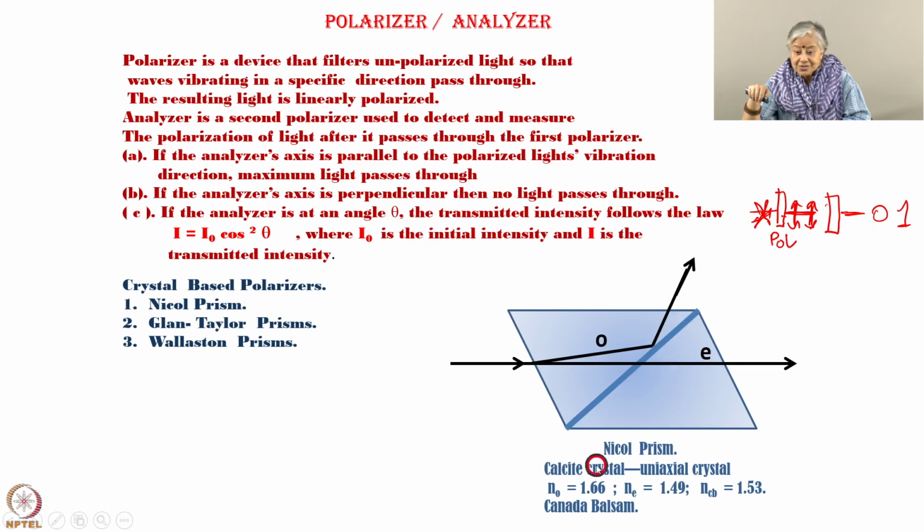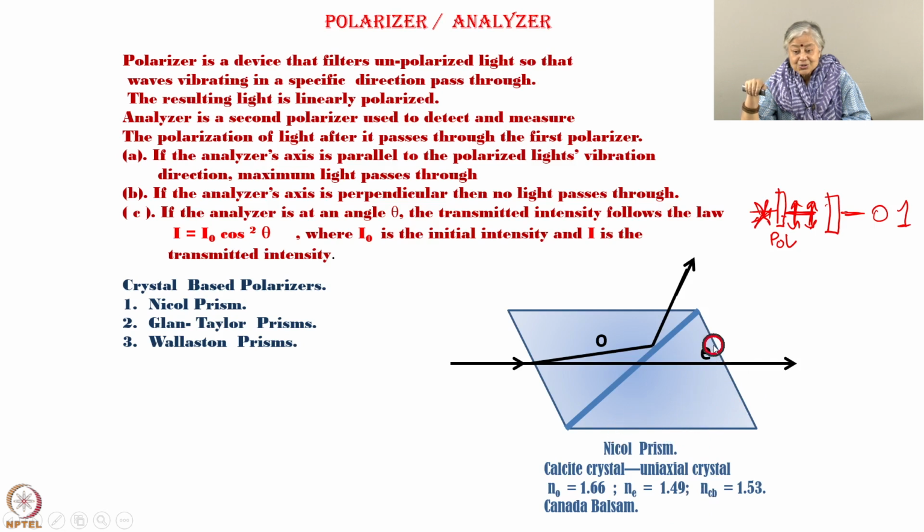The refractive index of Canada balm, n_CB, as I've written here, is 1.53. The refractive index seen by the O ray in this calcite crystal is 1.66, and the refractive index seen by the E ray in this calcite crystal is 1.49.